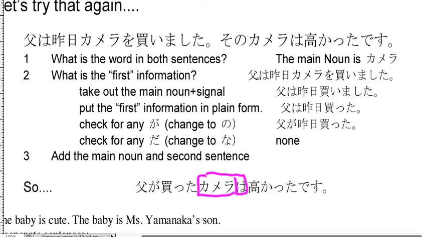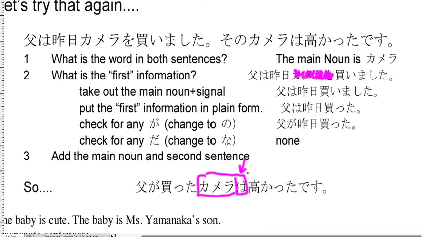The first information is Chichi wa kino kamera o kaimashita. So we take out the camera and the o because we don't need that, and we get Chichi wa kino kaimashita. Now I've got to switch it to plain form: Chichi wa kino katta. And generally we change the wa here to ga. Why do we do that?